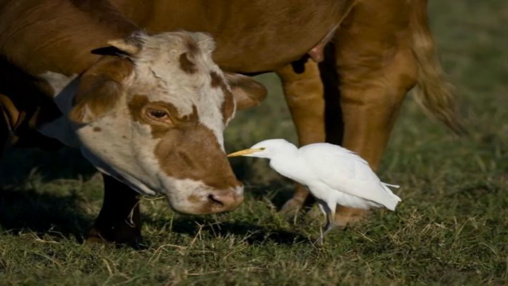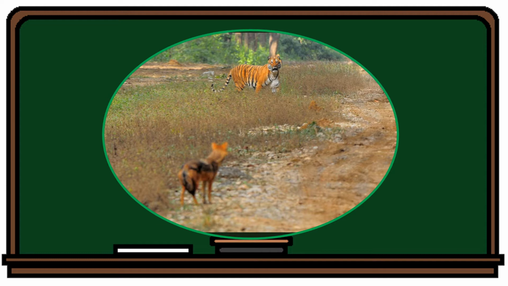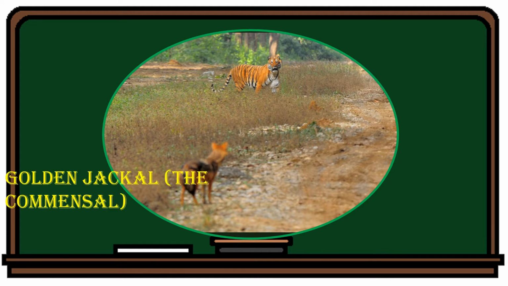Commensalism is a relationship between individuals of two species in which one species obtains food or other benefits from the other without either harming or benefiting the latter. For example, a golden jackal or commensal following a tiger, the host, to feed on leftovers from its kills.